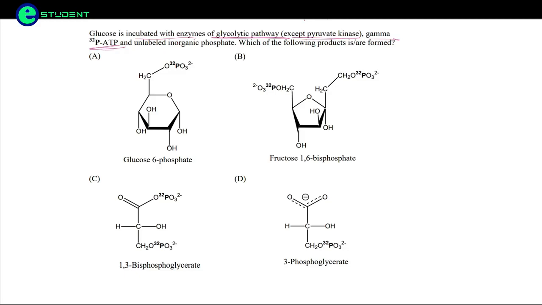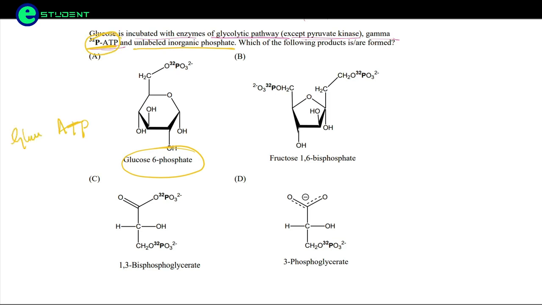So here they have given unlabeled inorganic phosphate and labeled phosphate in the ATP source. We know that the first step in glycolysis is the formation of glucose 6 phosphate. Here it will be using ATP, and our ATP is labeled.